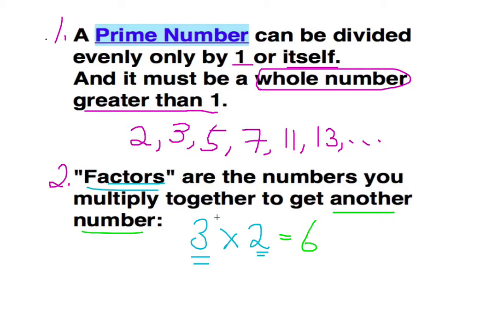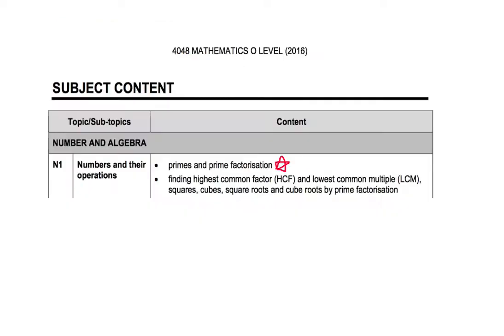So what does this have to do with prime factorization then? We know that the prime numbers are 2, 3, 5, 7, 11, 13, 17, and then it goes on.